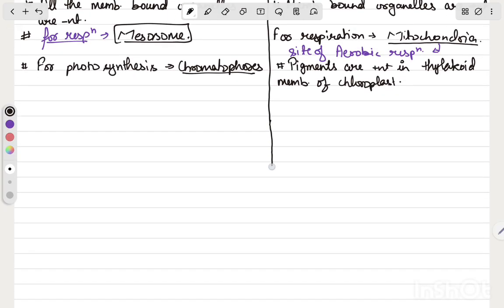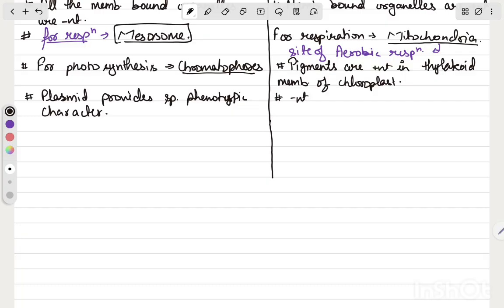Next difference between prokaryotes and eukaryotes, plasmid provides special phenotypic character to the prokaryotic cell. This plasmid is absent in eukaryotic cell.